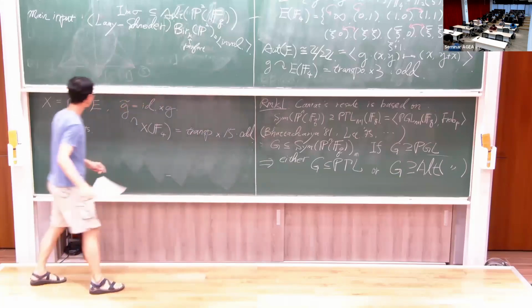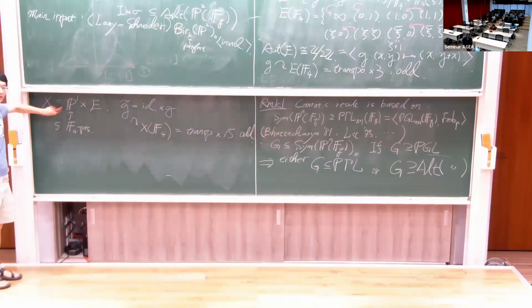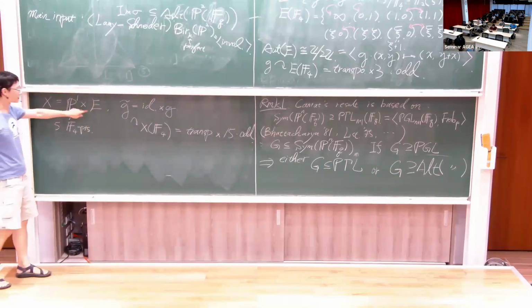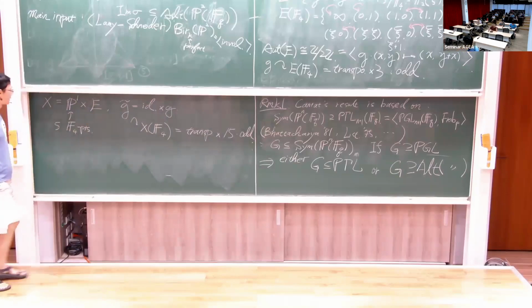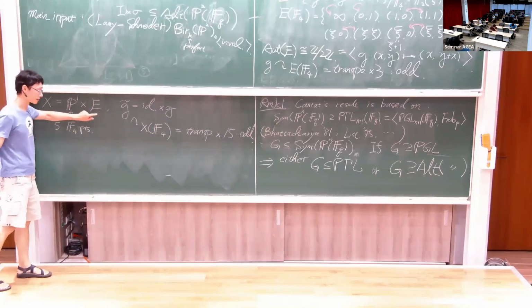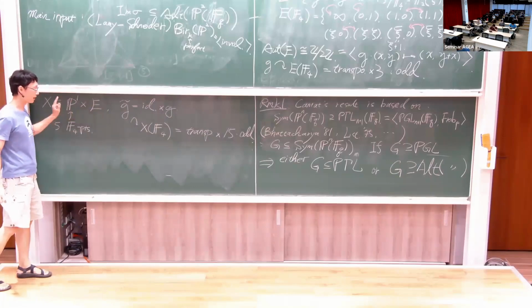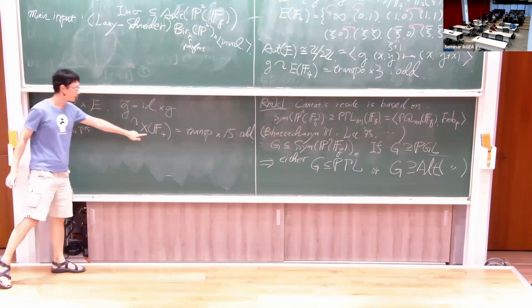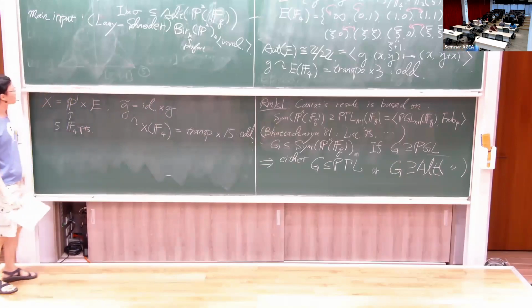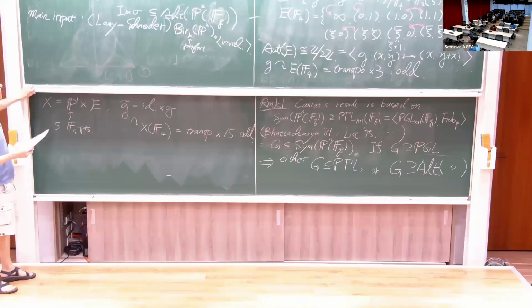And this surface is irrational, mainly because you have an elliptic curve. Okay, so this is an example of an irrational surface together with an automorphism which induces an odd permutation over F4. So this is a counterexample if you don't assume the surface to be rational. Okay, so this is the second remark.